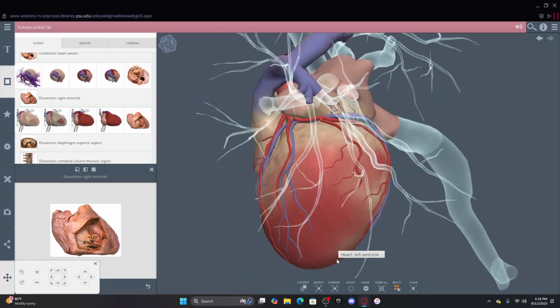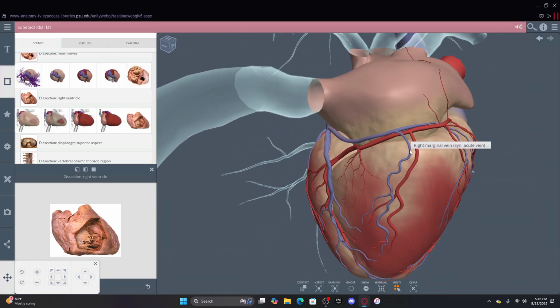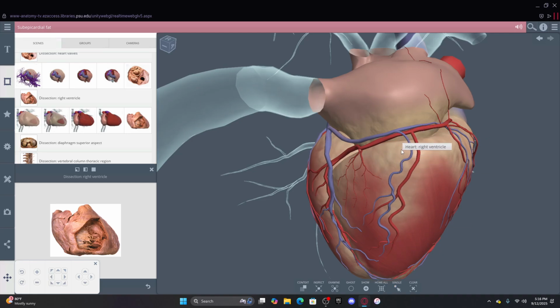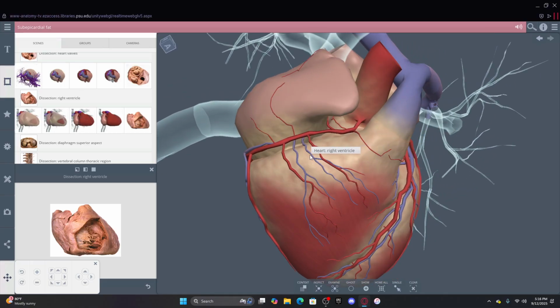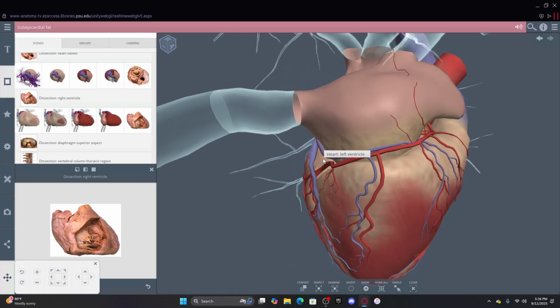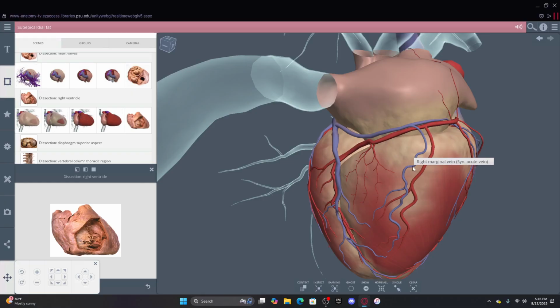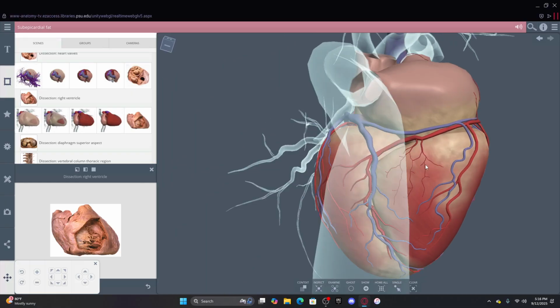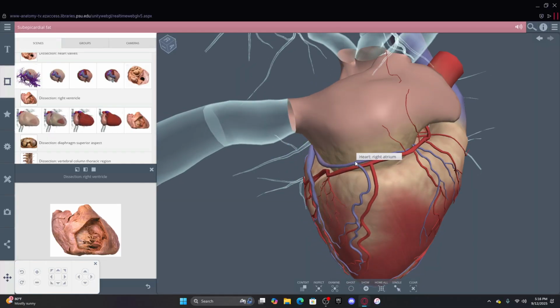So I want you to also see the small cardiac vein, which is here. So this is the small cardiac vein here, right? It's also called the right marginal vein or acute vein, or small cardiac vein. For you guys, it's going to be about in the same place.